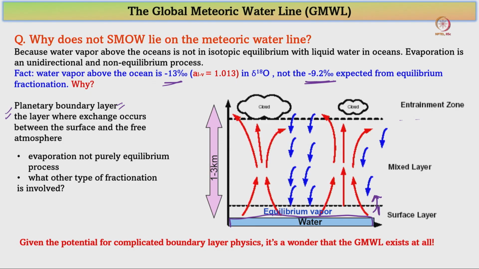Okay. And the main reasons are that evaporation is not an equilibrium process and there can be other types of fractionation also involved. We are gradually going to answer some of these complications. In fact, given this potential for complicated boundary layer physics, if you look into how atmosphere models, rainfall and cloud dynamics work, it is actually a wonder that the global meteoric waterline exists.